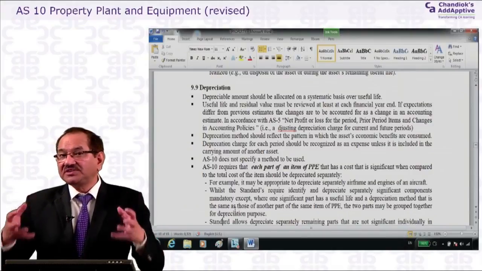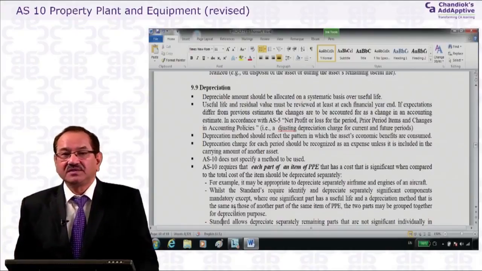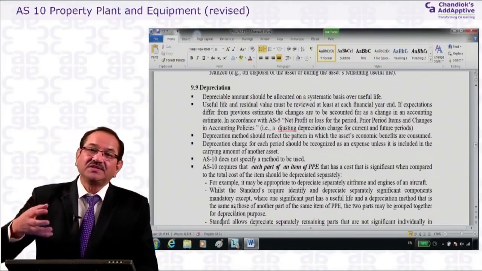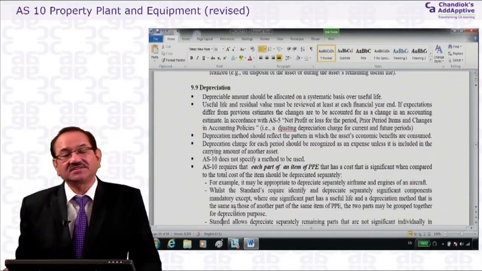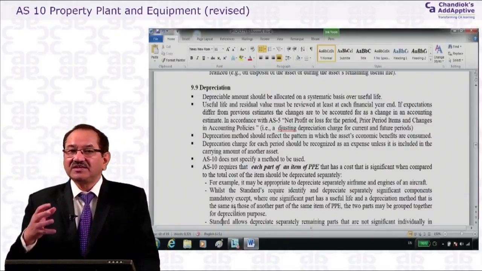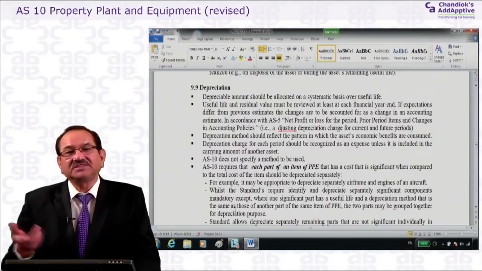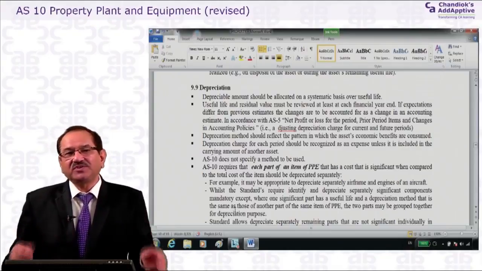Now you have consumed some of the future benefit, and if you have consumed that benefit, then certainly you have to put the consumption expenditure, whatever you have consumed, on the expenditure side, and therefore depreciation is the consumption of the benefit.